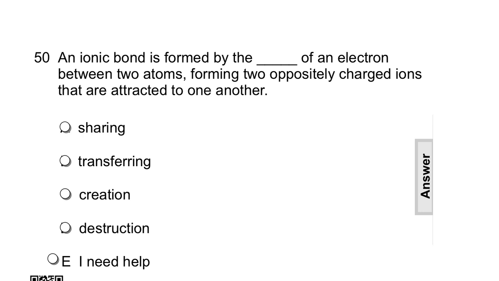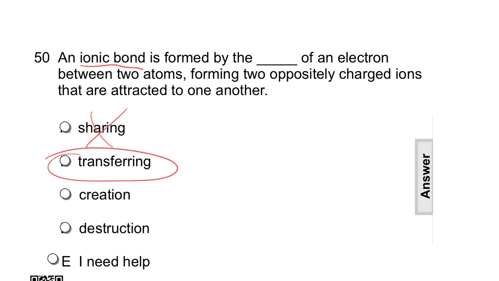Okay, so these are simple, more like the questions I can ask on your test rather than asking you to draw pictures or anything like that. An ionic bond is formed by the what of an electron between 2 atoms? Well, it's not sharing. That would be a covalent bond.